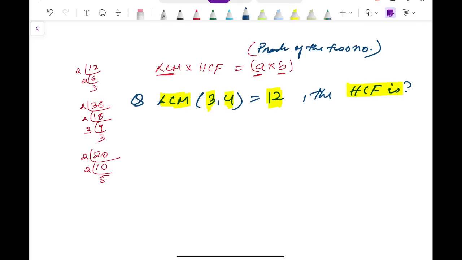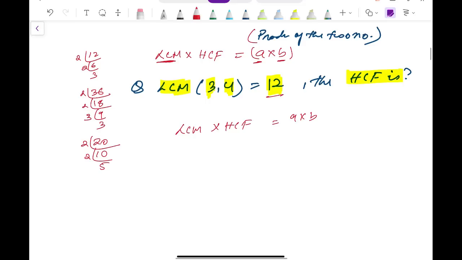By the formula, what do we have? By the above formula, LCM into HCF is nothing but how much? A into B. So remember, LCM is given as 12 here. And what is HCF? We don't know. But we know A, we know B. A is this one, B is this one. 3 into 4.